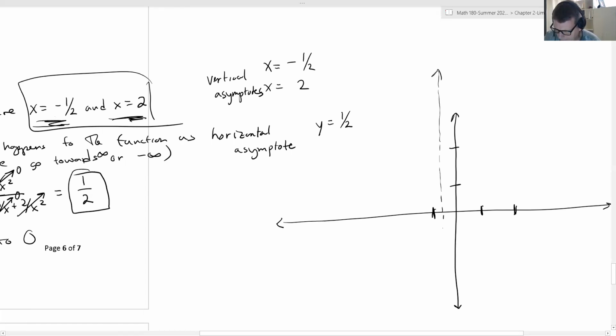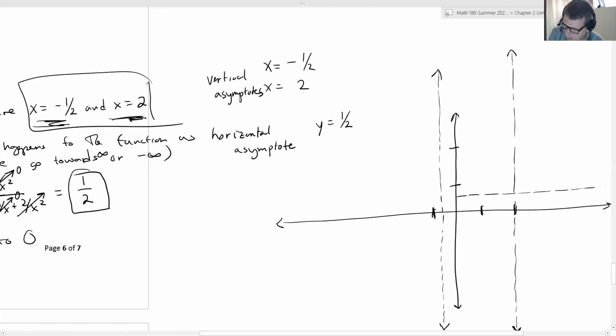Here's my -1/2. And then I have another vertical asymptote at 2. And then I have a horizontal asymptote at 1/2.